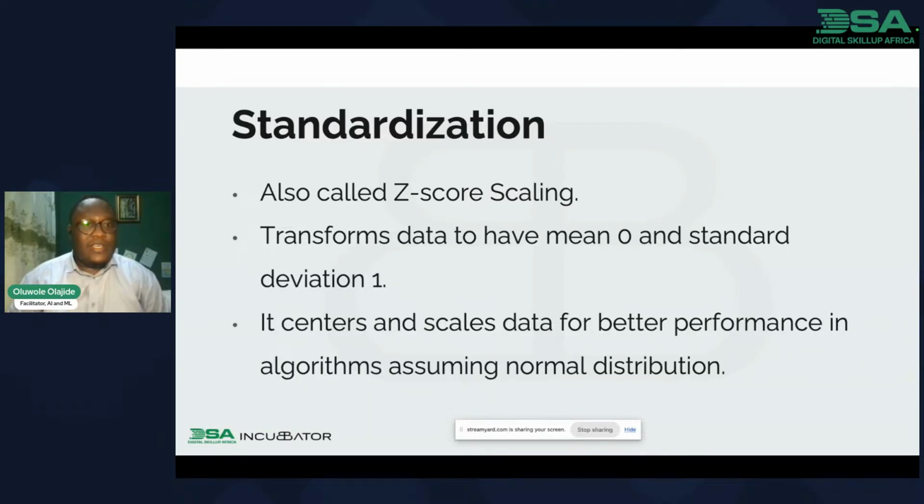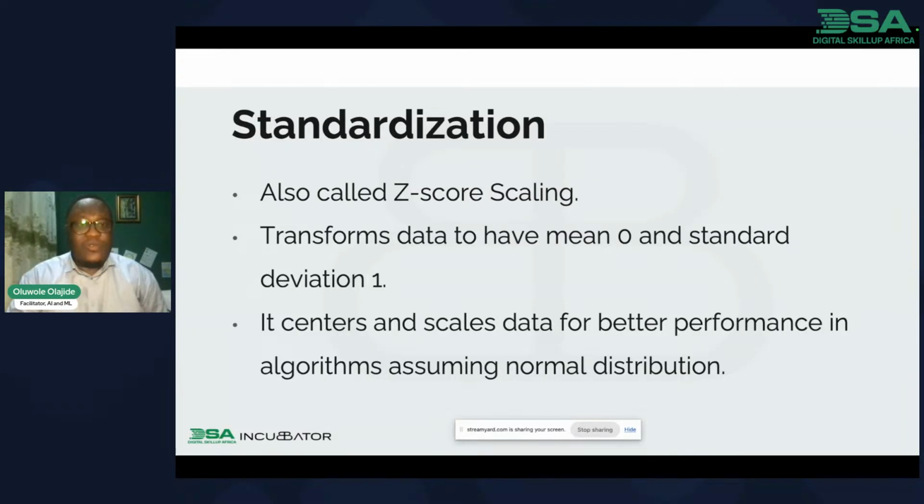All right, so also called the Z-score scaling. It transforms your data to have a mean of 0 and a standard deviation of 1. It centers and scales your data for better performance in algorithms using normal distribution. So that's what it does. I'm not going to take time on this because I know Isaac has done that for us.